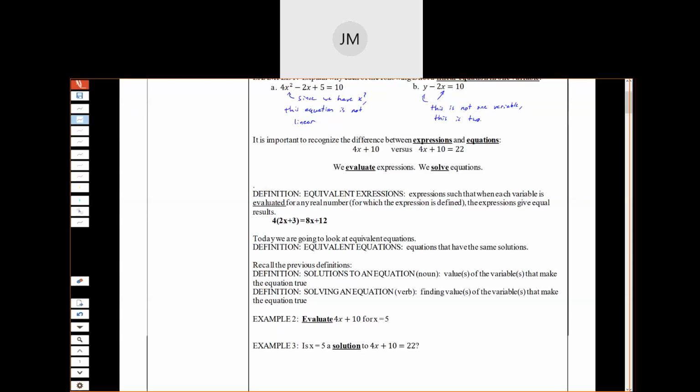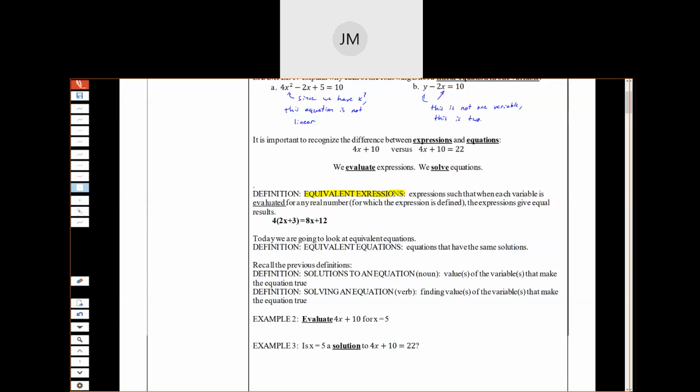All right, let's talk about equivalent expressions, and then we'll see the difference between evaluating and solving. So equivalent expressions: when we have two expressions, and no matter what I plug in for x, those two expressions are going to be equal, then those expressions are equivalent.